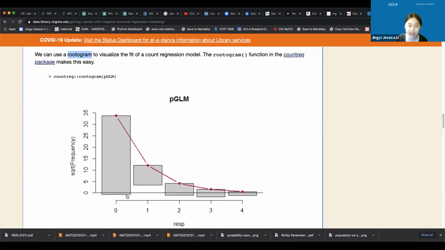The observed is the bar, and the red dot is the expected.